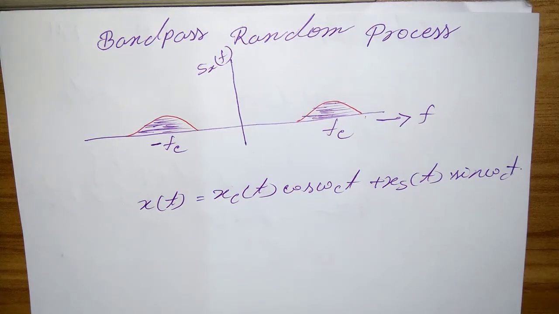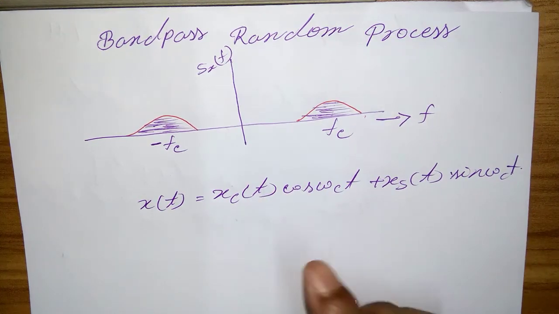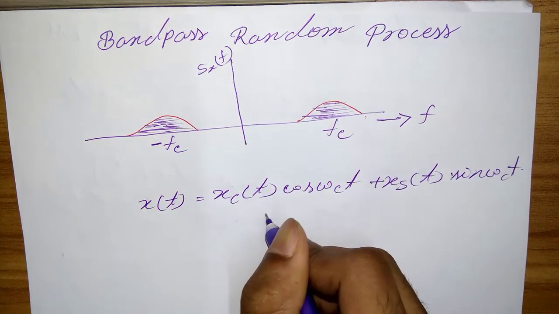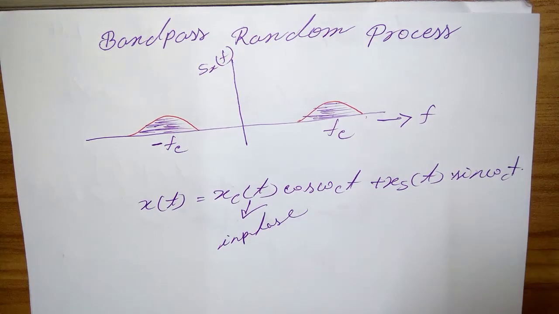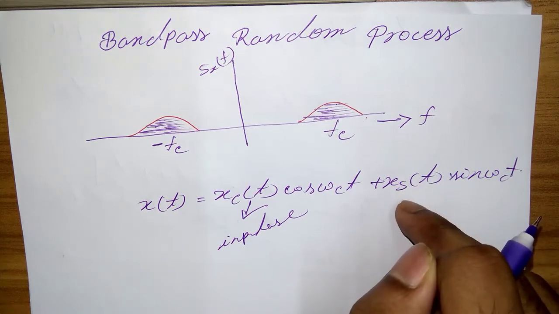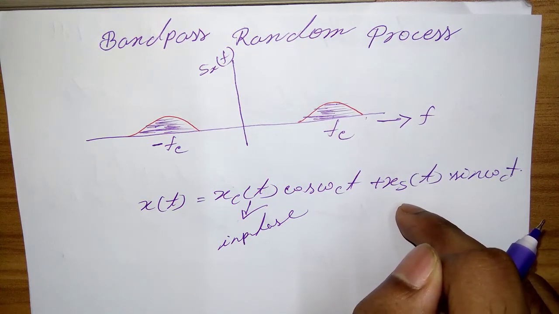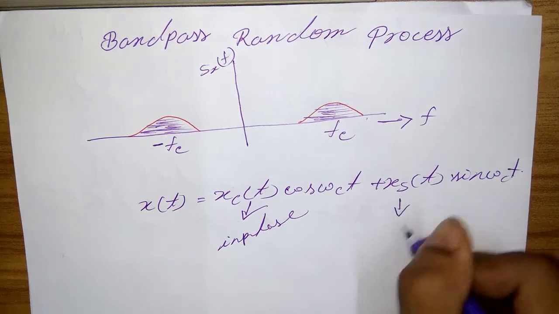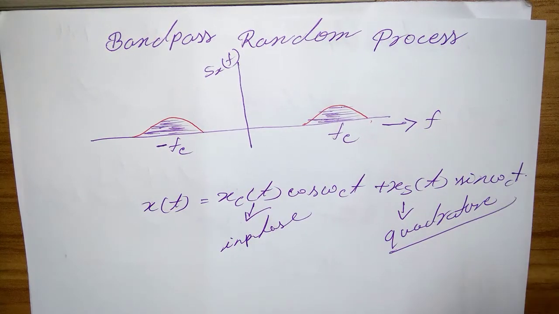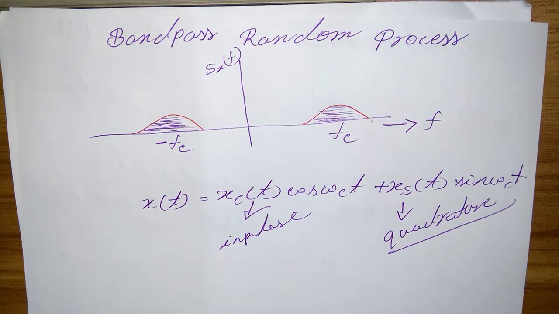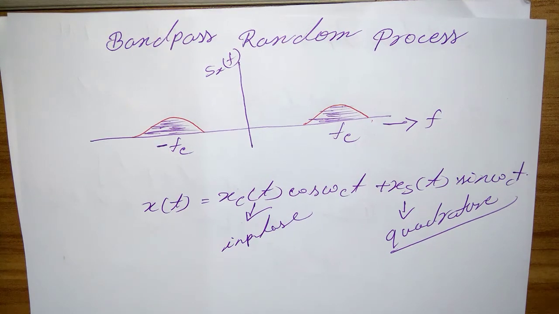In this representation, xc(t) is known as the in-phase component, and xs(t) is known as the quadrature component.